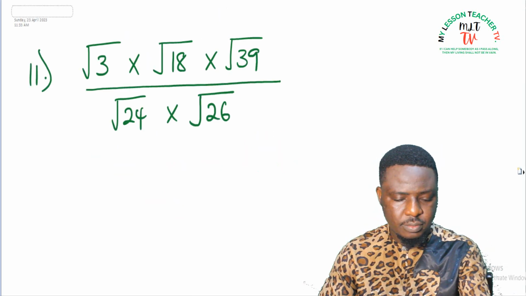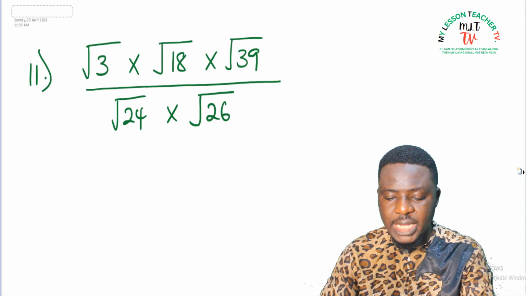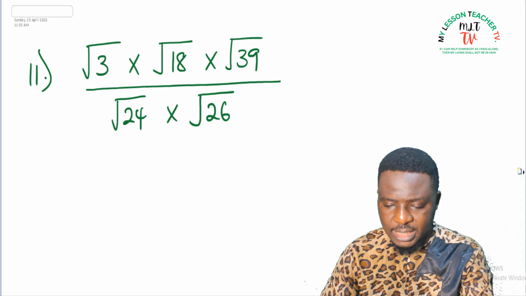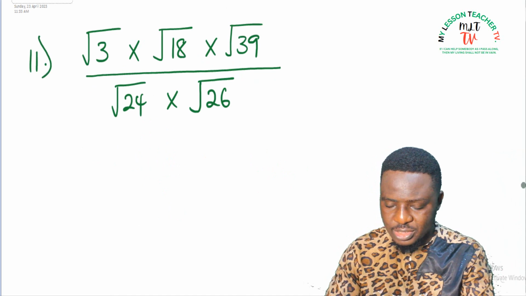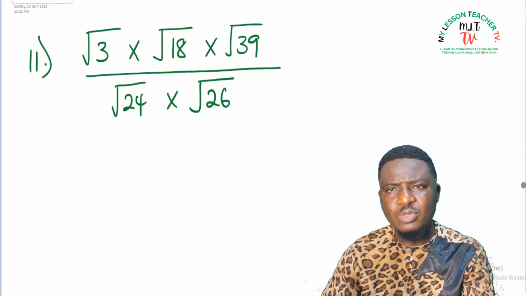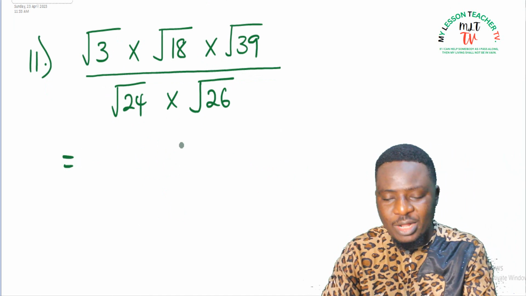Question 11, we have root 3 times root 18 times root 39 divided by root 24 times root 26. So without fear, I'm going to simplify, okay? Because I know definitely it will make my work easier.